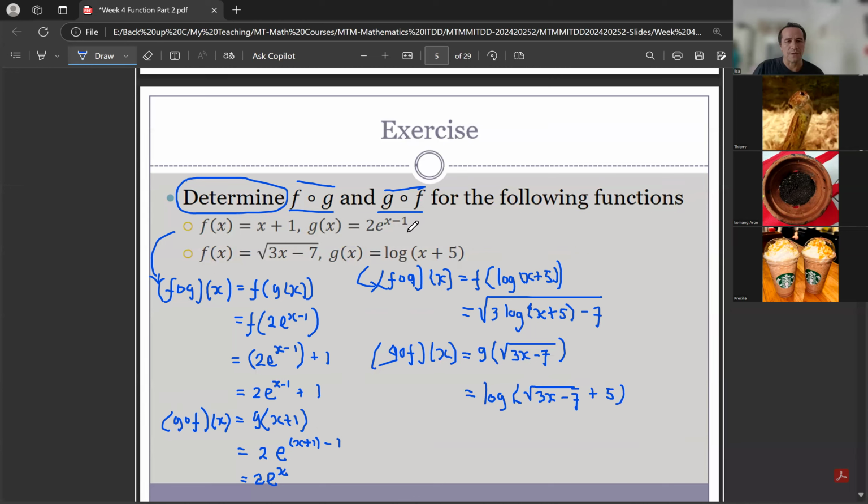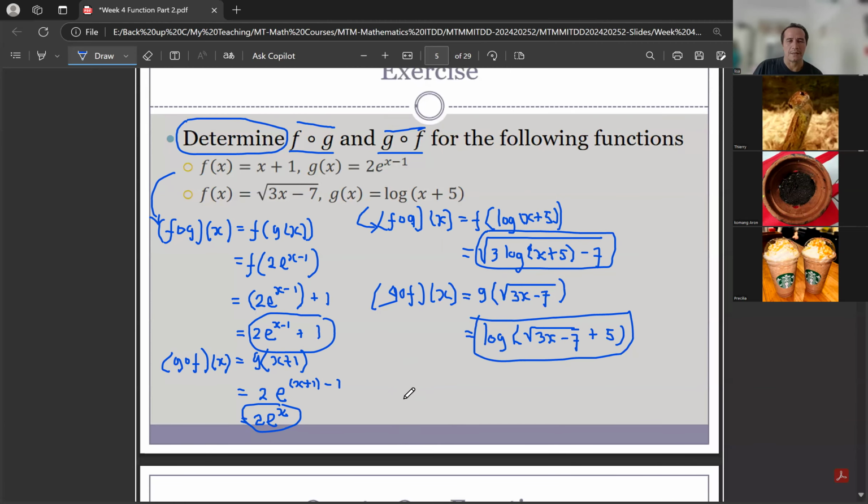We have two functions, f and g, and then determine FOG or GOF. It means that we must find the formula of the composition of function. And we have two formulas for each of them, so in total we have four formulas of composition of function.